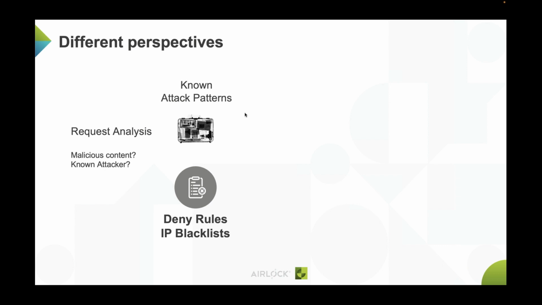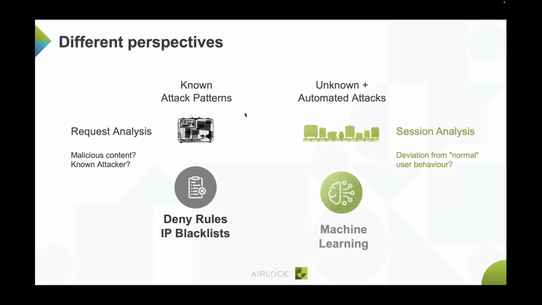With the Anomaly Shield, the target is a little bit different, because we really want to protect against unknown attacks and specifically against automated attacks. So we left the request analysis area and went to session analysis. We combined multiple requests within the session and used that to define behavior.